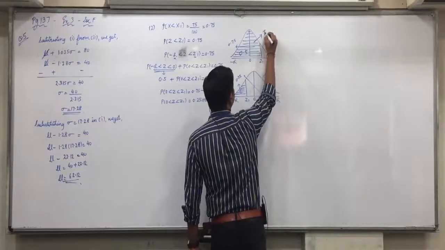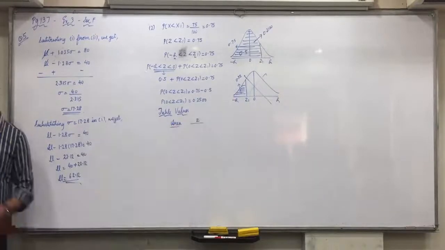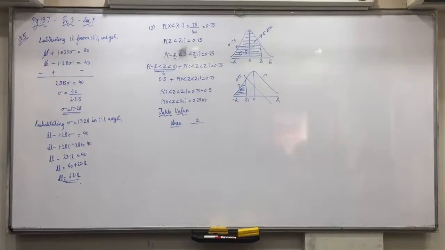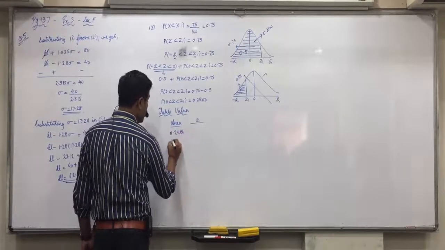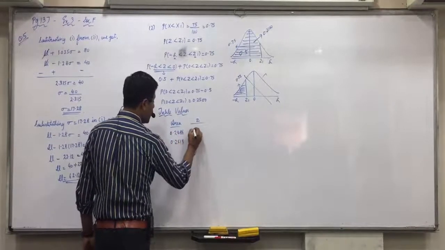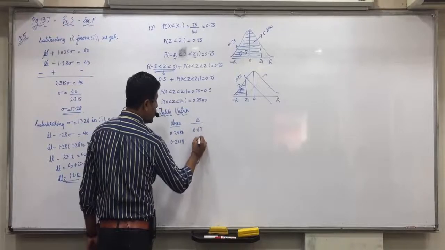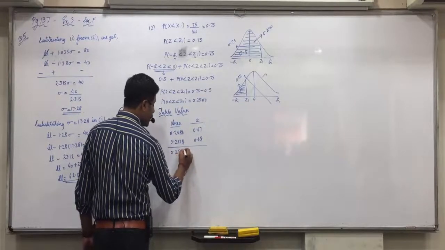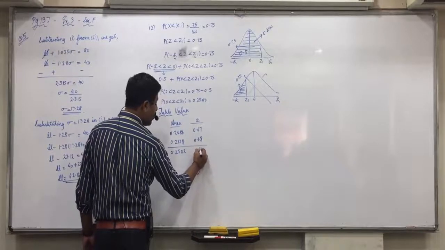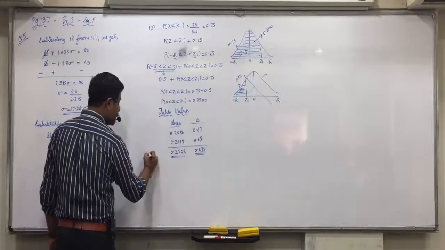Now table values, area and Z. 0.2500 comes between 0.2486 and 0.2518, 0.67 and 0.68. What is the average? 0.2502 and 0.675.